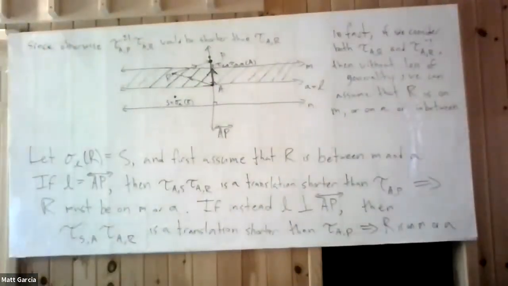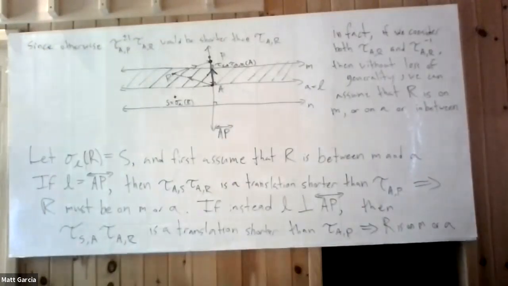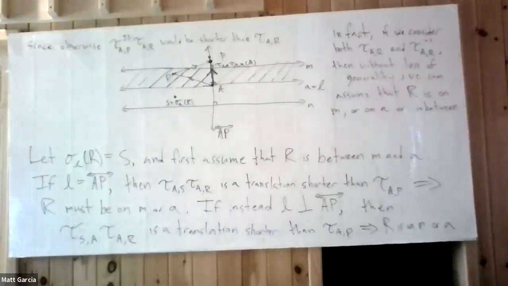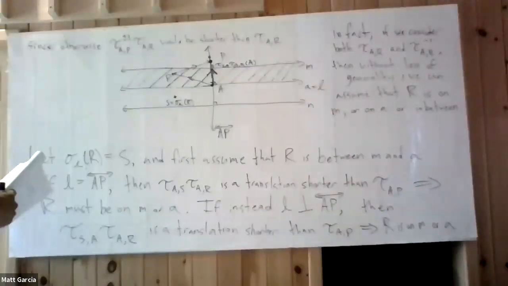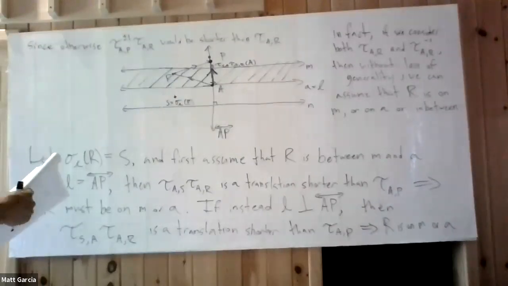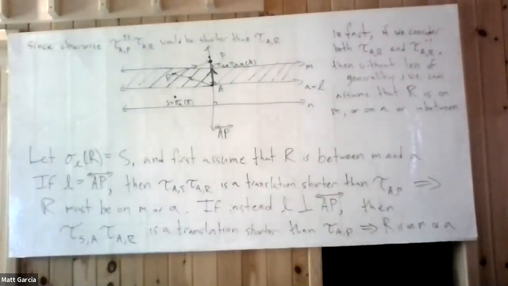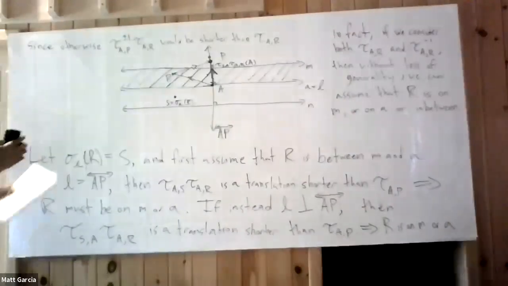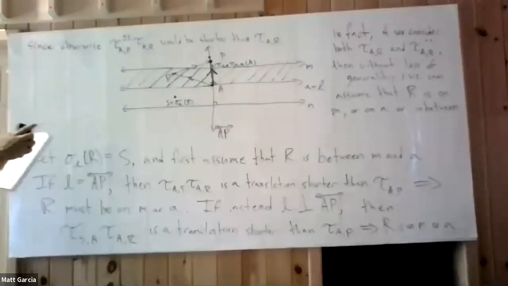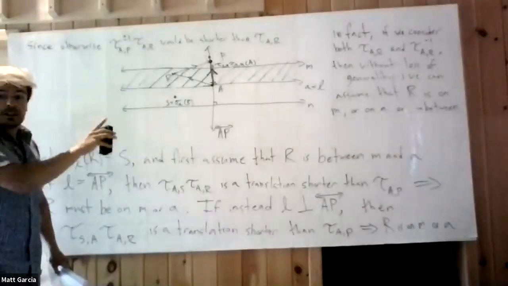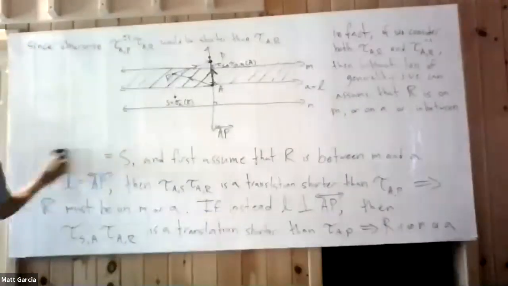Okay. So okay, let us see what happens now, assuming that R is on M or A. I think I'll try to leave this diagram and possibly refer to it some more.